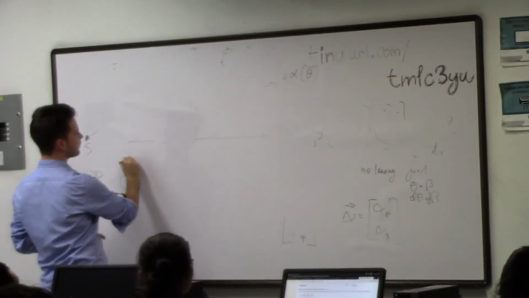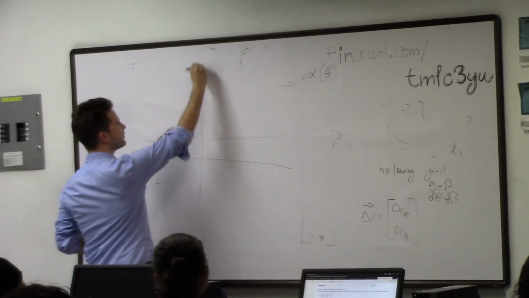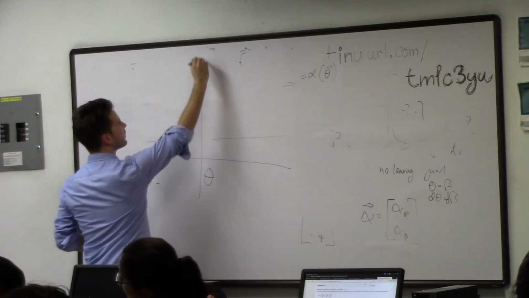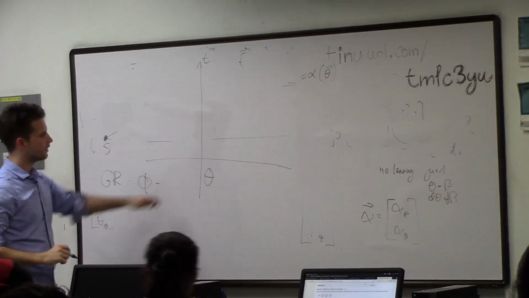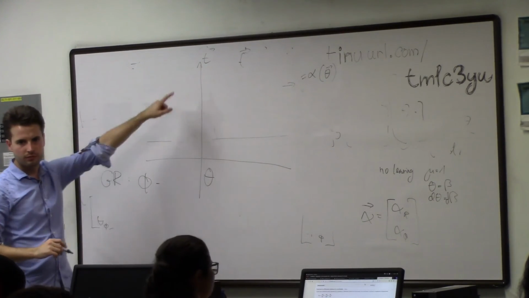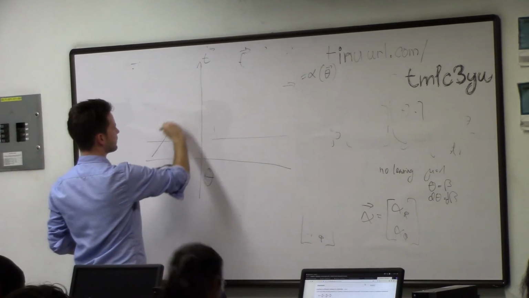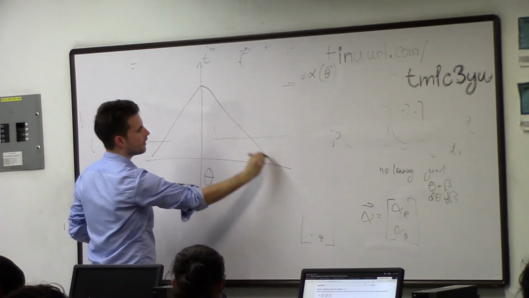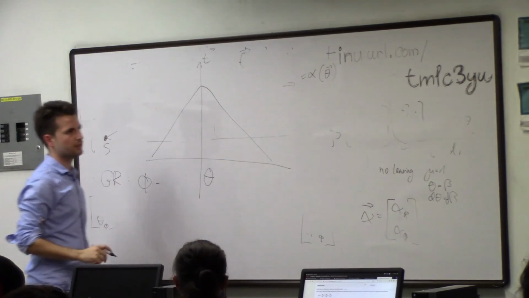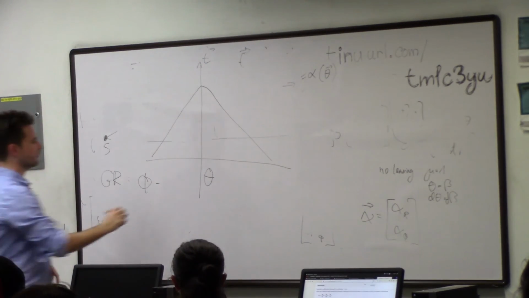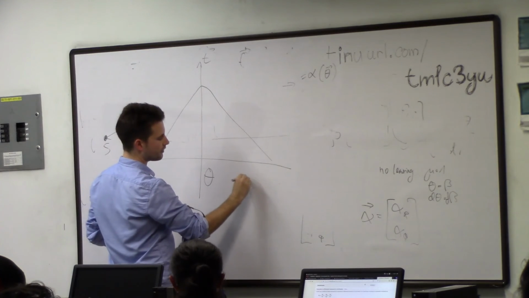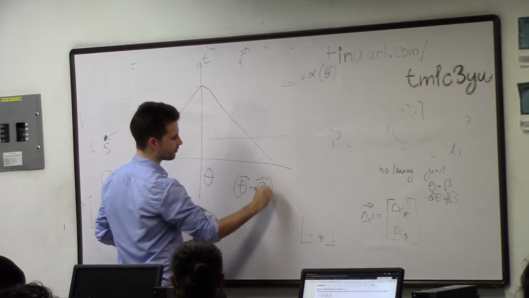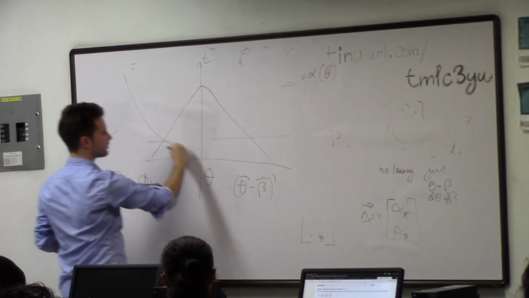So for the singular isothermal sphere, what happens if this is your 0, and here is your time function, the gravitational time delay is the highest closest to the lens, and then it falls off. The geometrical path delay, which is proportional to theta minus beta square, does something like this.